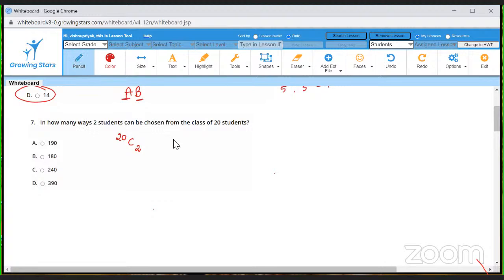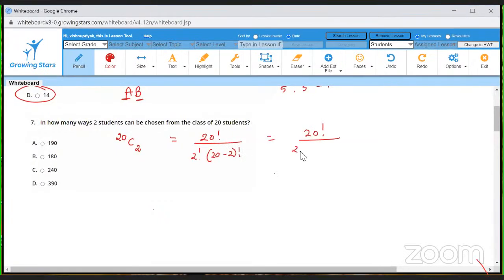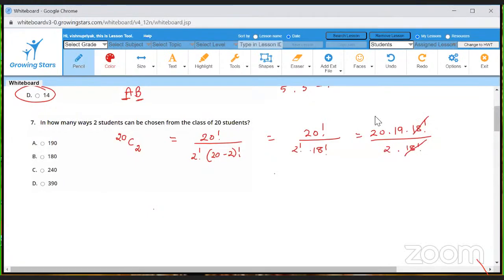According to the formula, N factorial by R factorial into N minus R factorial. That is 20 factorial by 2 factorial into 18 factorial. That is 20 into 19 into 18 factorial by 2 into 18 factorial. This will cancel. 2 tens you have, and then 190 will be the answer.